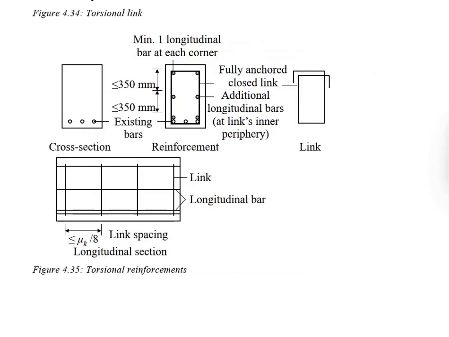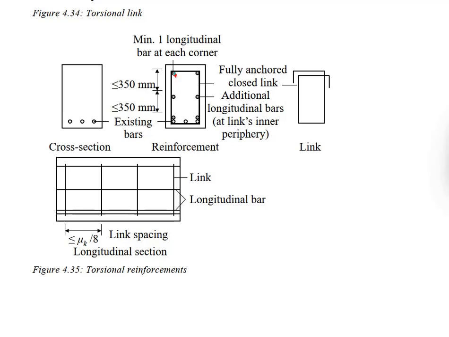And then while detailing the reinforcement, there are several rules that you need to comply with. First, you need at least one longitudinal bar at each corner, and the amount of reinforcement bar calculated for the torsional resistance are to be added up on top of those required for the bending moment.